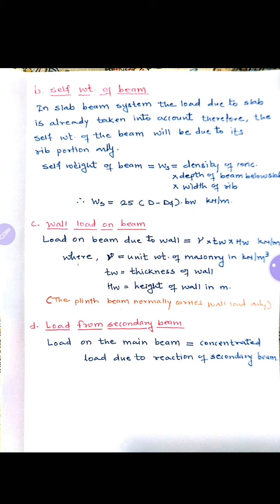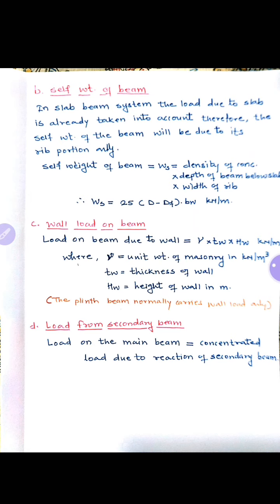Generally when we consider plinth beams and there is a wall only on the plinth beam, this masonry plinth beam carries only wall load. It does not have slab load. If that beam is a main beam and it is supporting a secondary beam, then the reaction of that secondary beam acts as a concentrated load on the main beam.